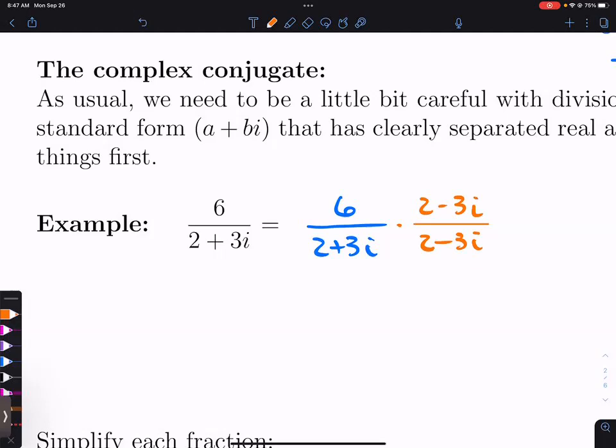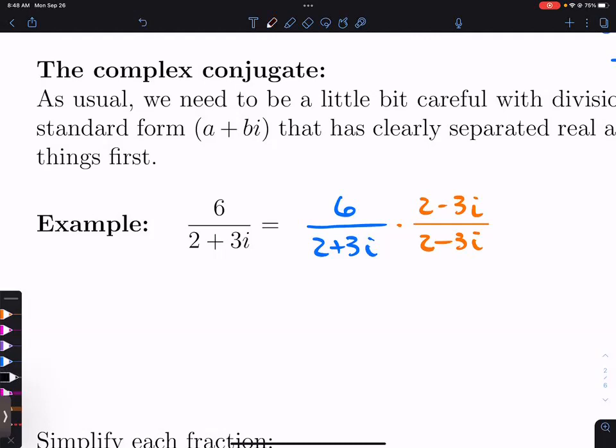I'm doing that on top and bottom because all I'm doing is rewriting this fraction as a different but equivalent thing. Multiplying on top and bottom means I'm really multiplying by 1, so I'm not changing anything.